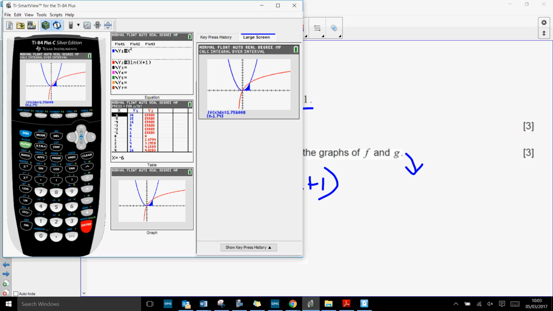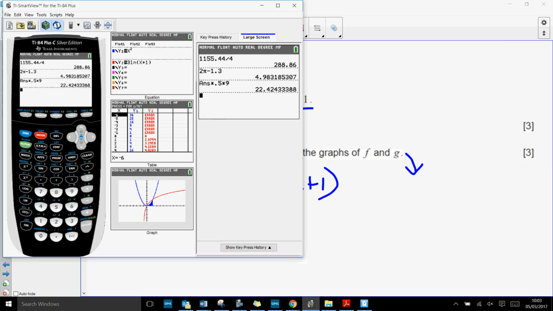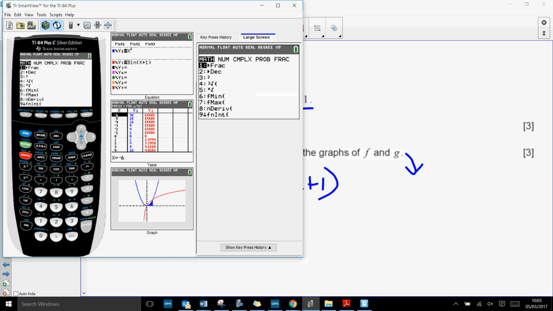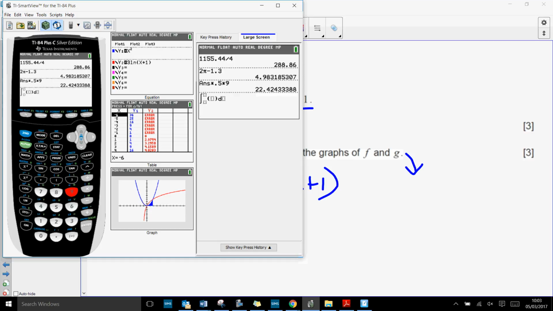Oh no, I know we have to input it. Okay, so let's not do that. Apologies. So we go to math 9, as I recall. Yep. So our lower limit is 0. Our upper limit is 1.74.